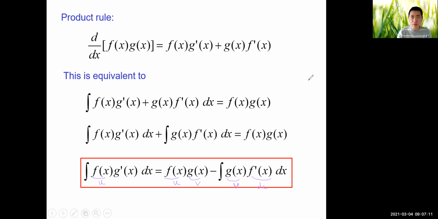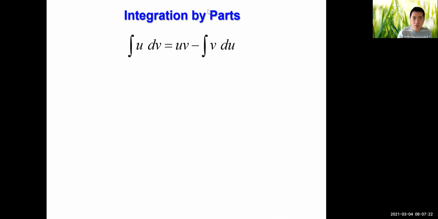So you're going to have variations of this formula, and we prefer the following, which is the same formula with the letters switched to make it look shorter. You have the integral of u times dv, that's a derivative of v, equals uv minus the integral of v du. So that's how I read it: the integral of u dv equals uv minus the integral of v du.